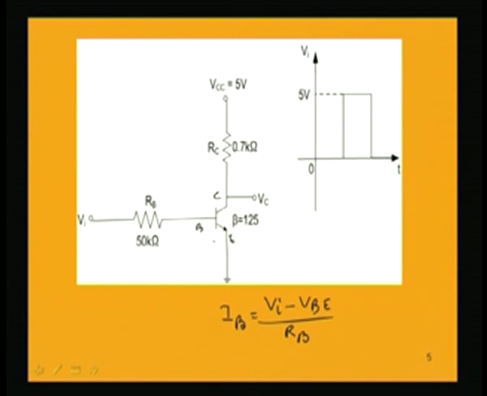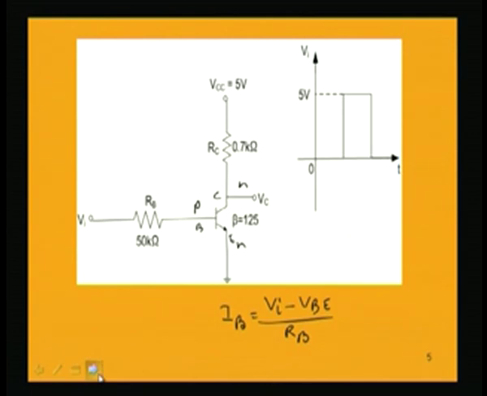In this example it is NPN, so P must have a higher voltage with respect to N, that means we must have base voltage greater than the voltage at the emitter, which is not happening, because if Vi is equal to 0 volt, this is 0, this is 0, both are the same. We are not having the base at a higher potential than the emitter, because this is an NPN transistor. We must have forward biasing, which is not met, and that is why there will not be flow of base current. That means base current is 0, the transistor is not on, it is off.